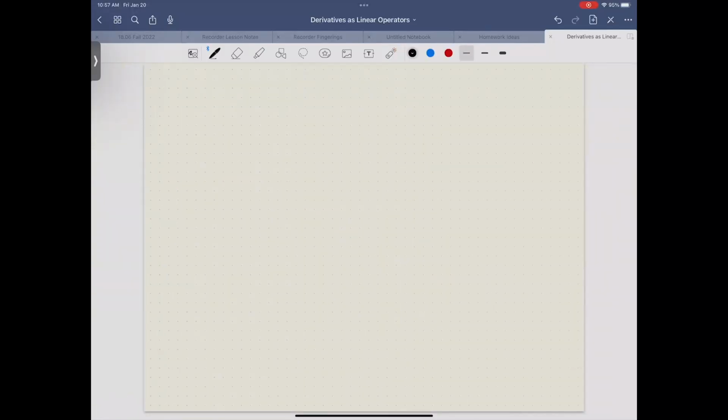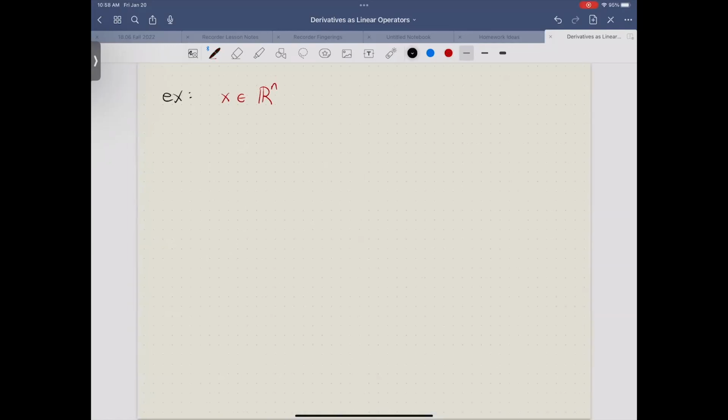So let me do an example. Suppose to start with that our inputs x live in R^n, so we have n-component vectors as inputs.